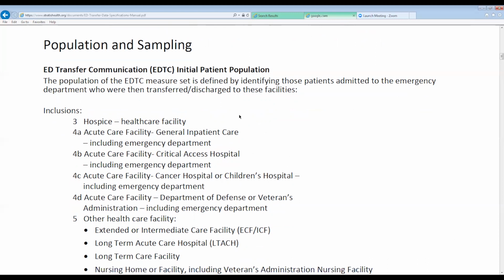Now again, what I have learned is some people have a difference of terminology. Some people said, well, we only do transfers, and if we discharge them, we don't do them. No, that's not correct. Whichever phrase you use, if they're transferred, if they're discharged, that phrase isn't important. The importance is, where are they going? From that ED, where are they going?